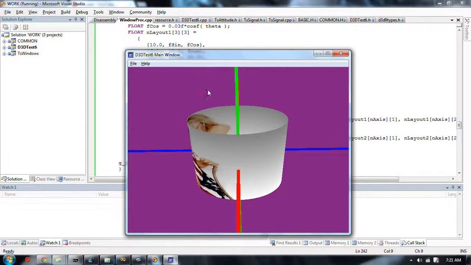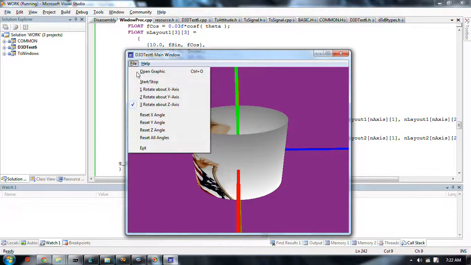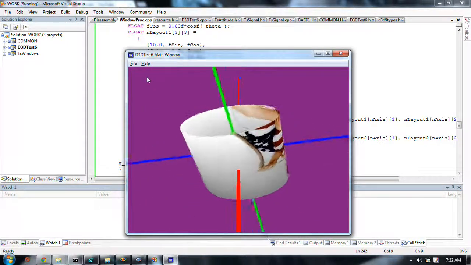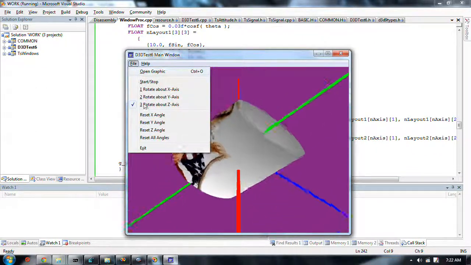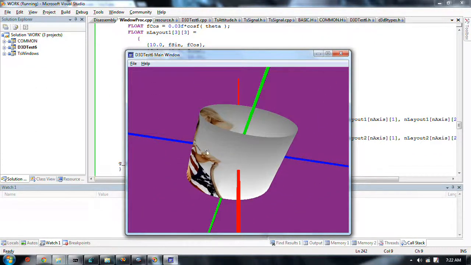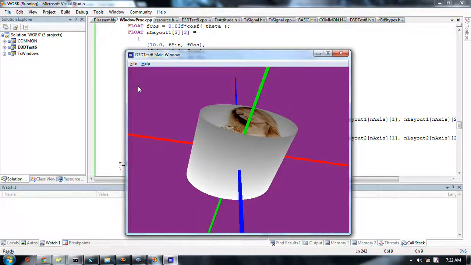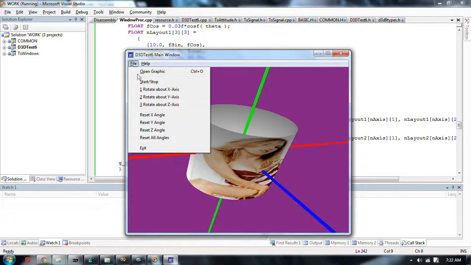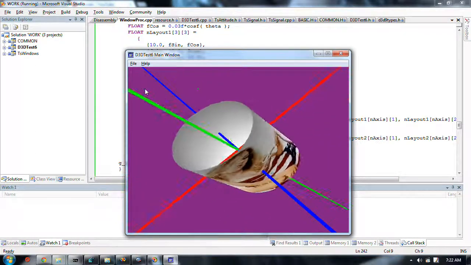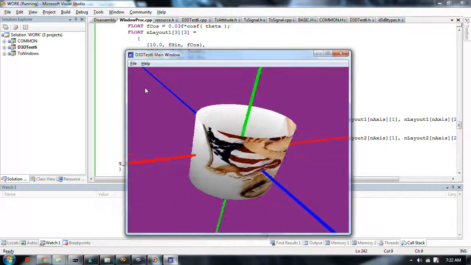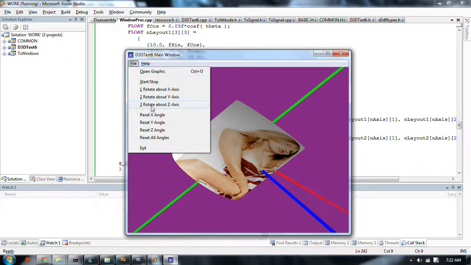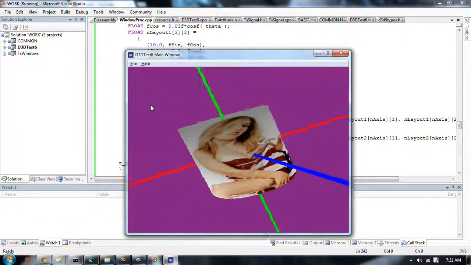No, X is blue, Z is red. It's definitely rotating on Z now. It could be the way I'm computing it. Why? That works. X, no problem. X is blue, yeah. Z, red. Doesn't seem to work.